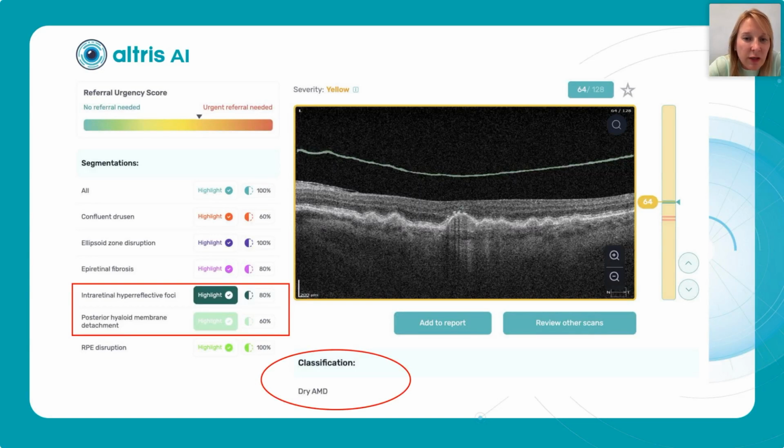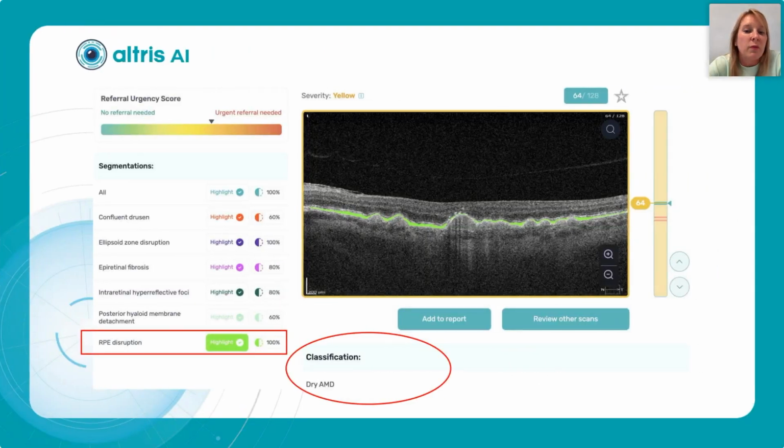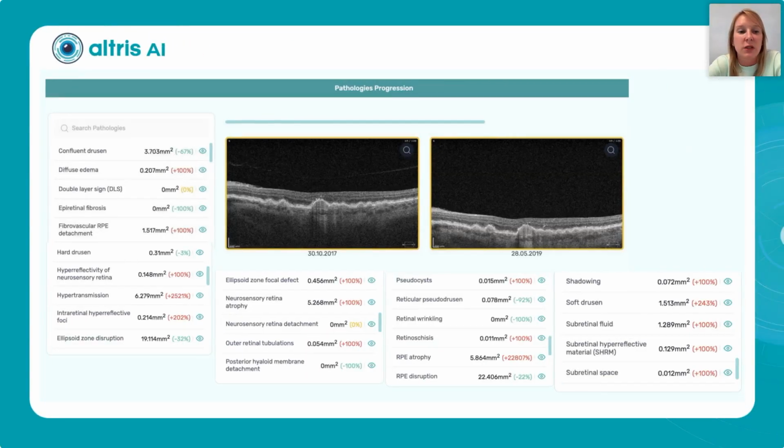It's not very clear here, but in the center, I think you can see it. We can also see the posterior hyaloid membrane detachment here, and RPE disruption can also be seen here in green. So one by one, those biomarkers were detected, and the conclusion for the classification was the presence of dry AMD.